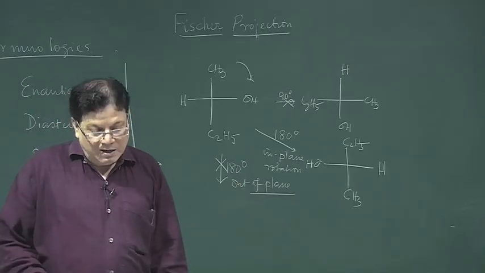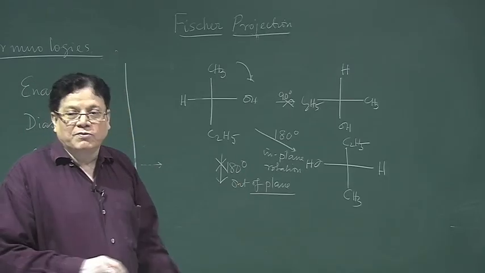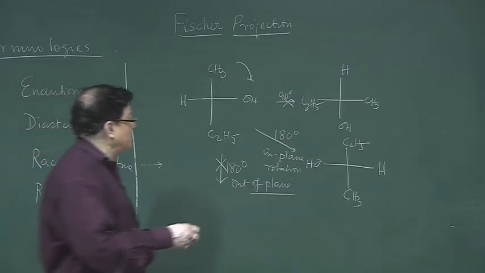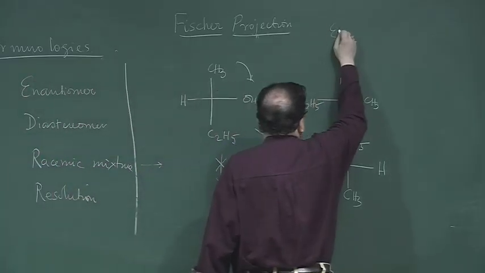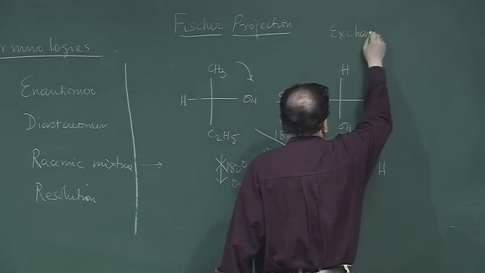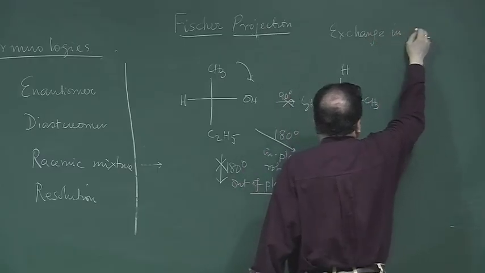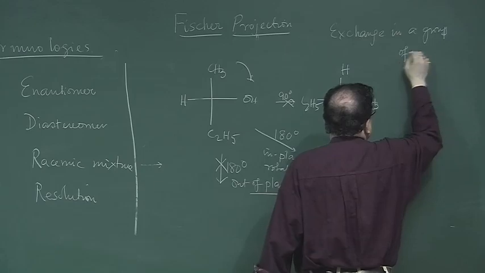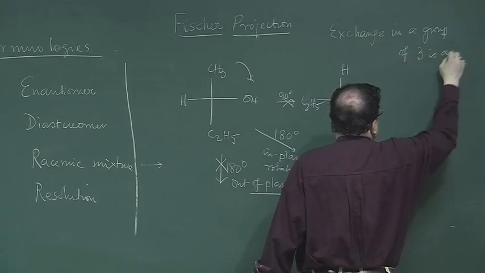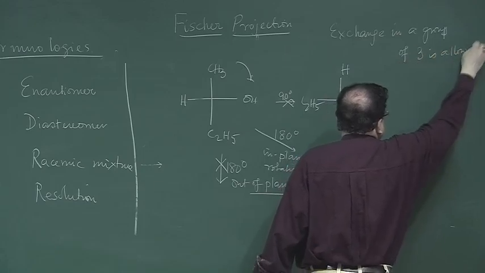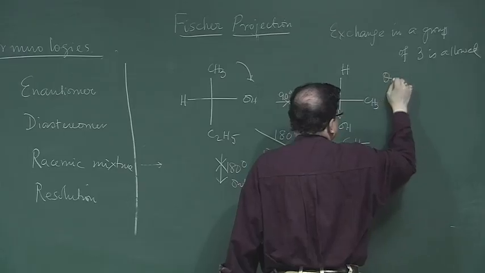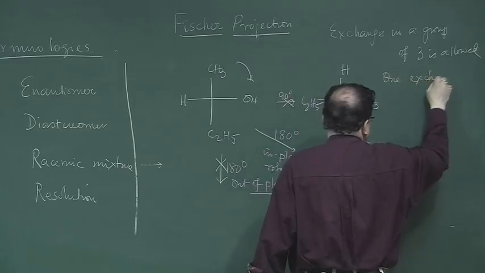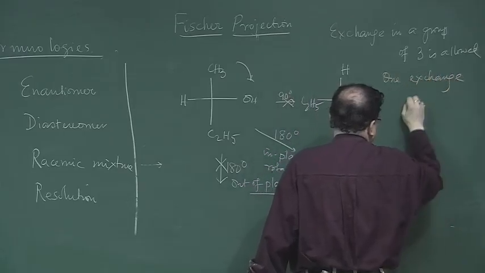The rule says that exchange in a group of 3 is allowed, and one exchange is disallowed.